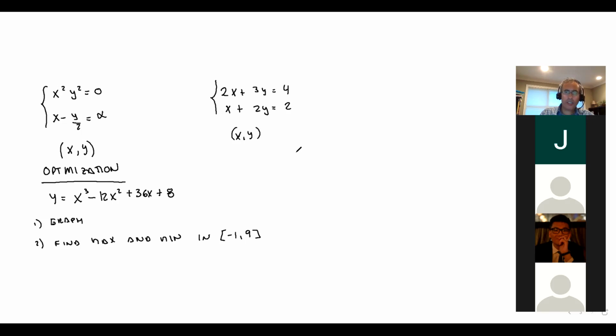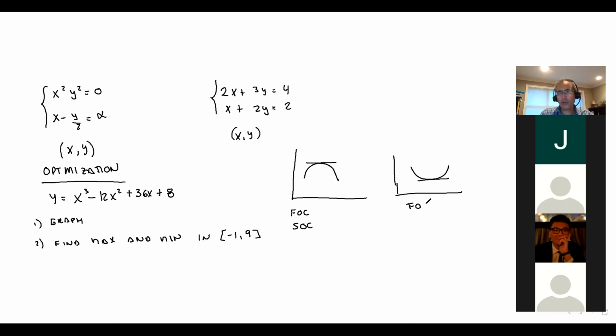Okay, so remember, guys, that if you have a maximum, so I will just draw any function, and if you have a minimum, you always have the first order condition, that is the first derivative, and the second order condition. Do you agree? So always the first order condition for both of them is that the first derivative equals 0.